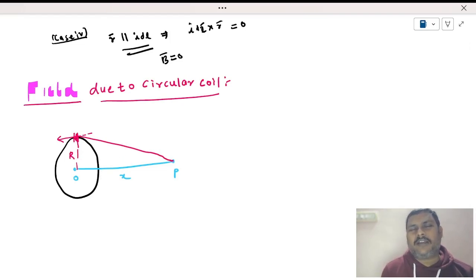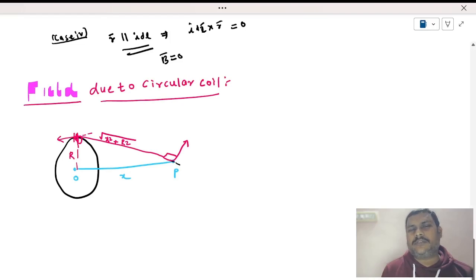The angle between this dl element and R bar we take as 90, since dl and R bar are tangential. This distance is equal to root over x square plus r square. Here dB is perpendicular to R bar.